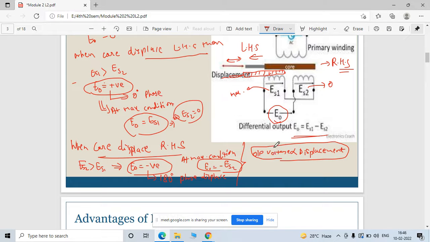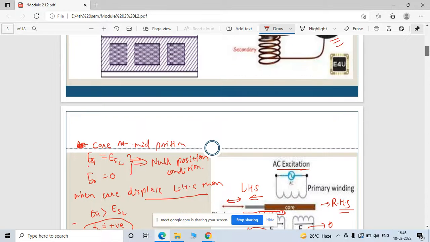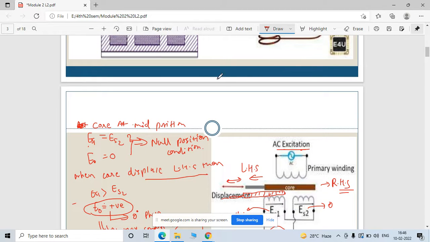One more thing, if you draw the graph between these, this is your output voltage, and here you have the displacement. This is your right hand side displacement and this is your left hand side displacement.